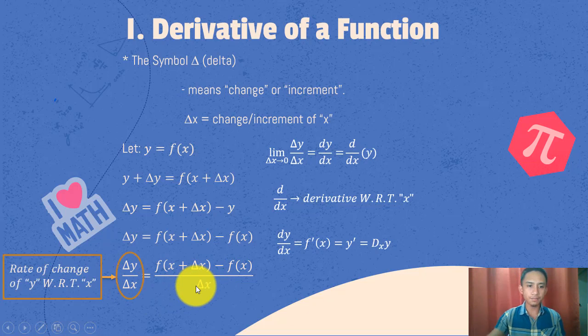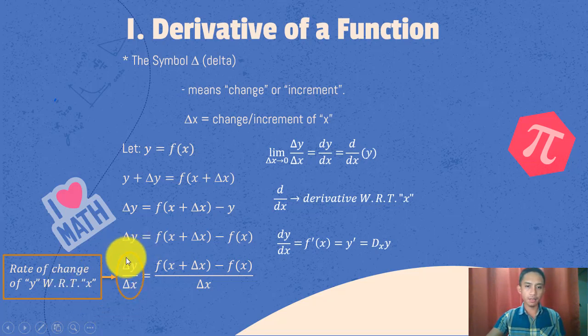We call this the rate of change of y with respect to x. It is the ratio of the change of y because of the change in x. WRT stands for with respect to.